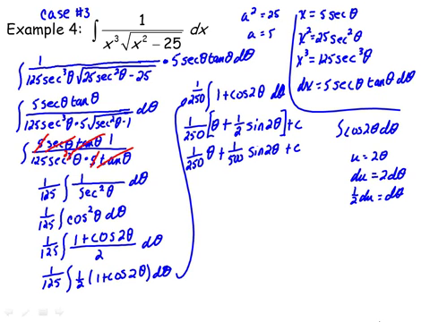That makes me feel better. Okay, so you have 1 over 250. What is theta on your sheet? Which case are we on, 3? Theta is secant inverse of x over a, which is 5, plus 1 over 500 times sine 2 theta.